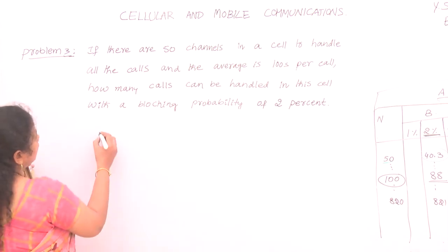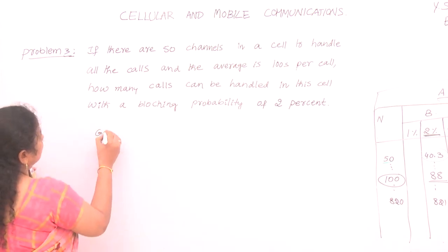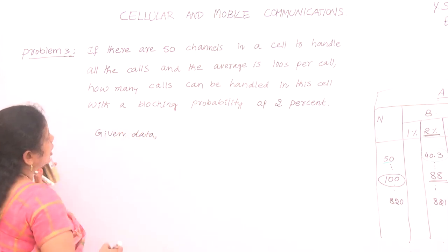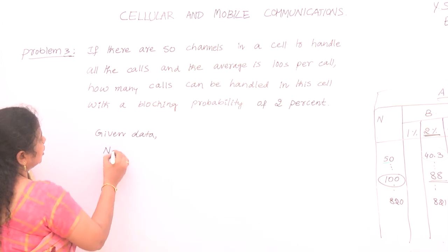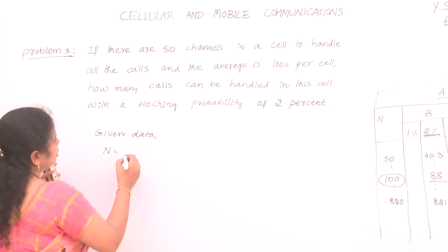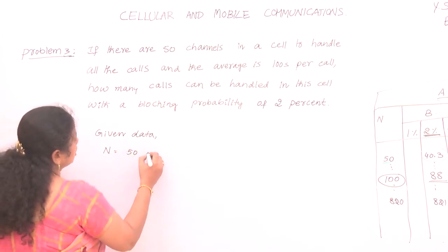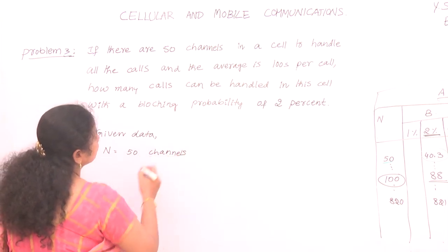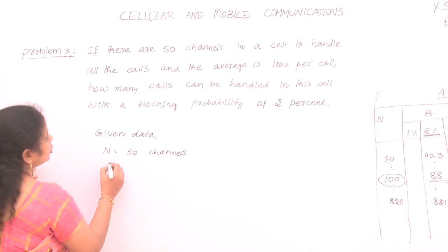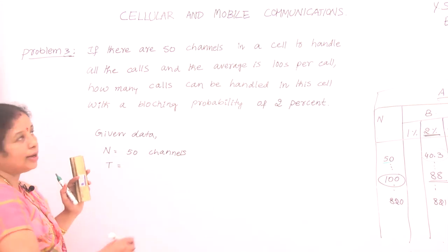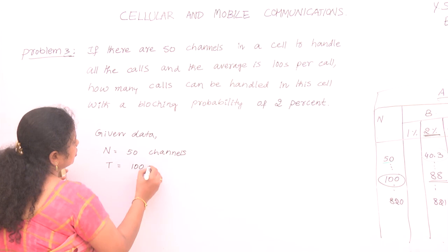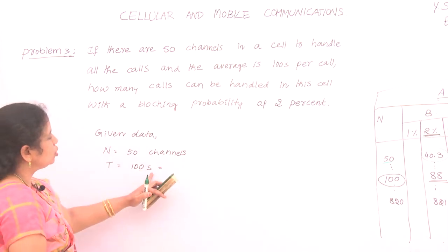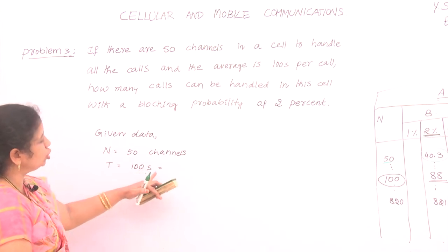the given data can be written as N is 50 channels, that is 50 frequency channels or radio channels, and average call duration T is 100 seconds. Here it is mentioned in terms of seconds, so you need to convert that into minutes.